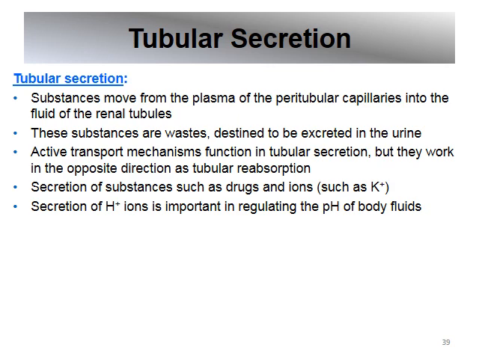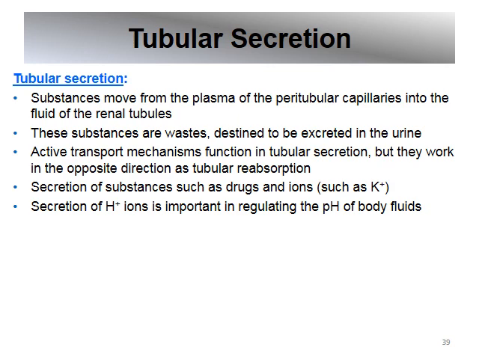Okay, so tubular secretion. There's certain substances that we want to move from the plasma into the renal tubule. Most of these are going to be wastes. A lot of them are medications. And most of this is going to be done through active transport. So we're going to actively move it from the blood into the renal tubule.